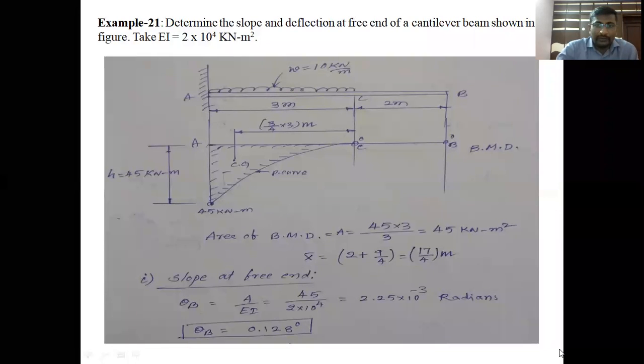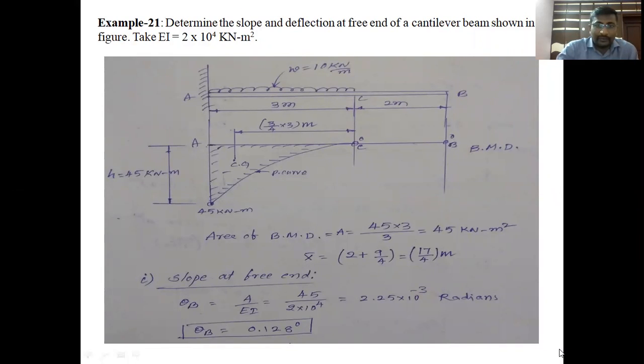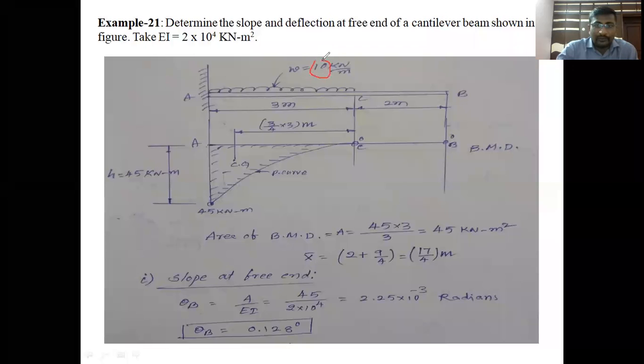Here the load intensity is 10 kilonewton per meter for every meter, and it acts over 3 meters. So the total load is 10 into 3 kilonewtons. Where does it get concentrated? At the center of gravity of the UDL or rectangular load. That center of gravity is at a distance of half of the total length of the UDL, that is 1.5 meters.